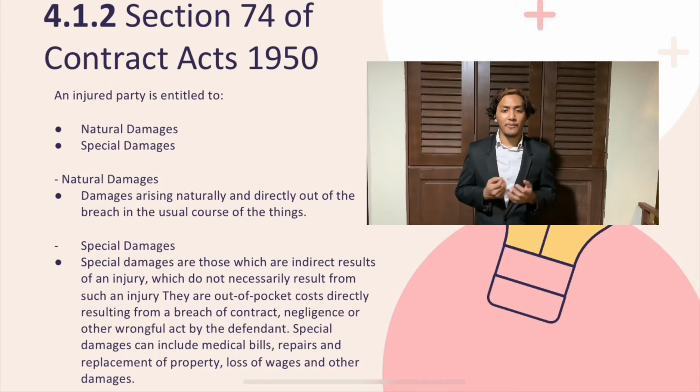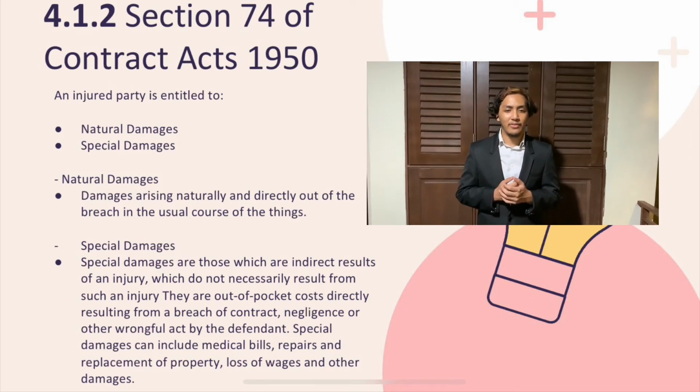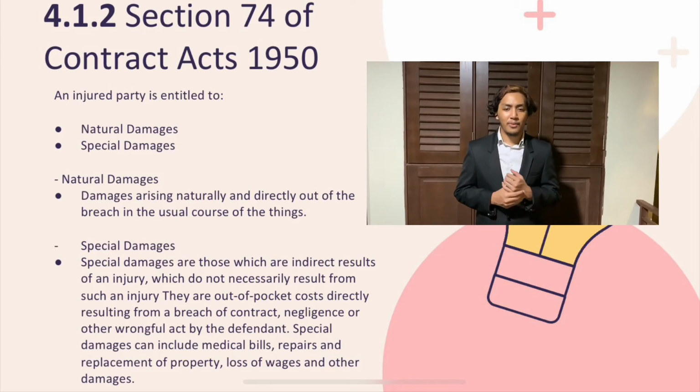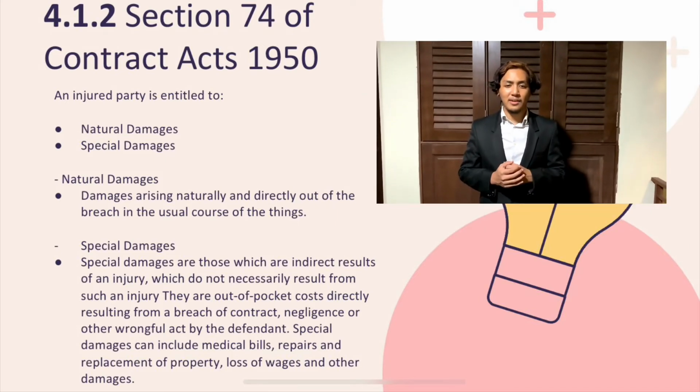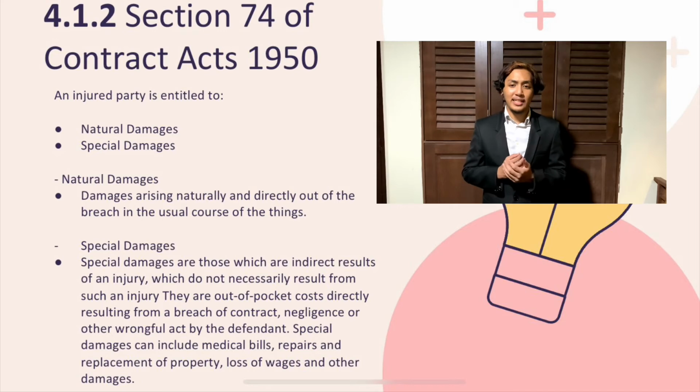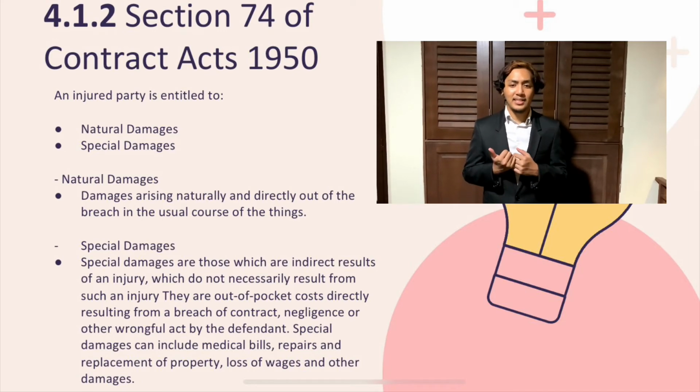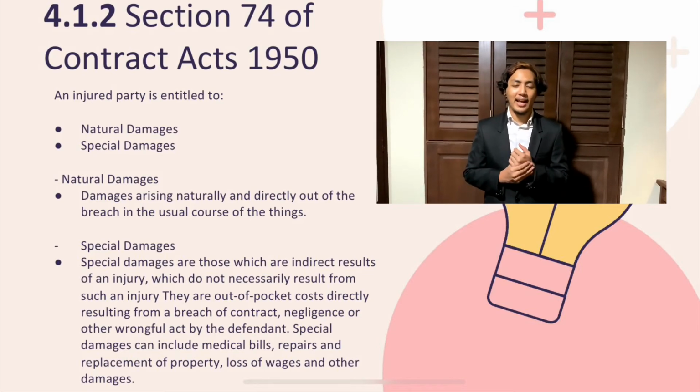They are out-of-pocket costs directly resulting from a breach of contract, negligence or other wrongful act by the defendant. Special damages can include medical bills, repairs and replacement of property, loss of wages and other damages.